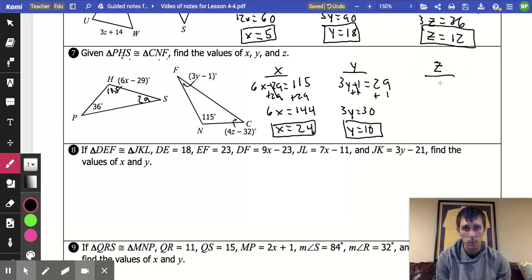So 4z minus 32 equals what? 4z minus 32 is in angle C. Angle C is the first one, so I need the first one here, which is angle P, which is 36. Add 32. So 4z equals 68. Divide by 4, and z would equal 17.